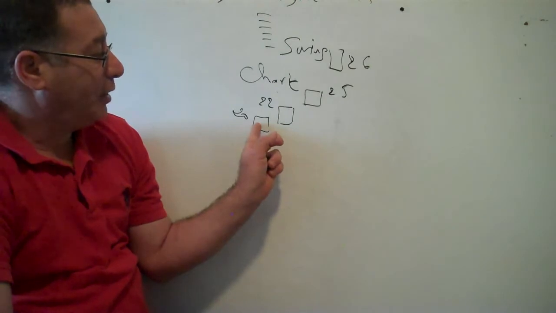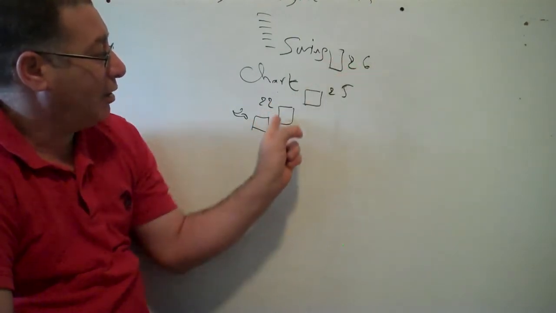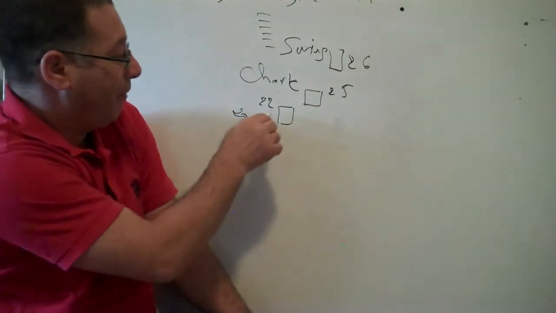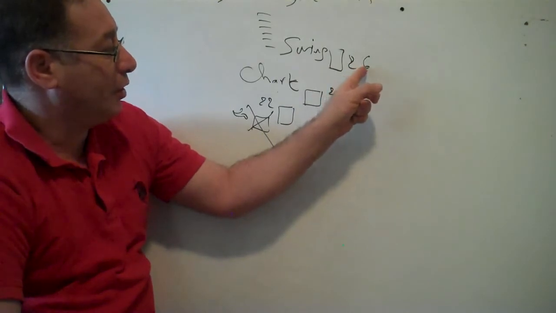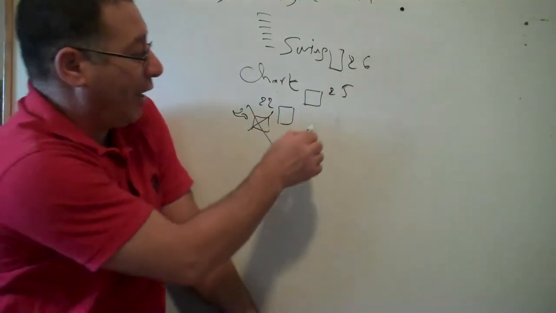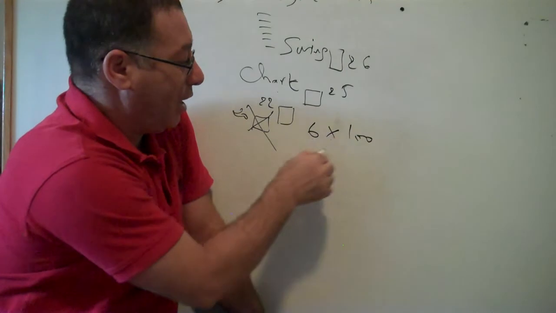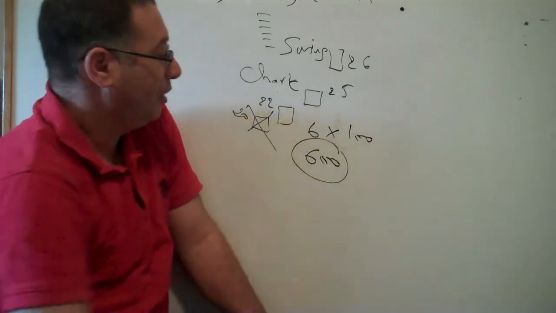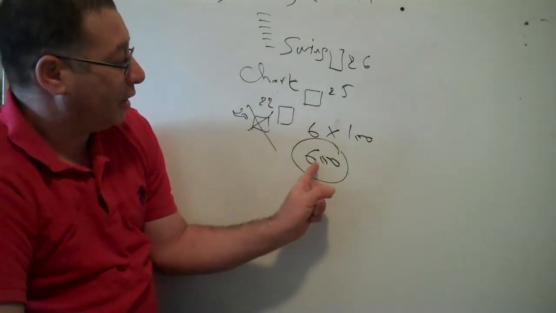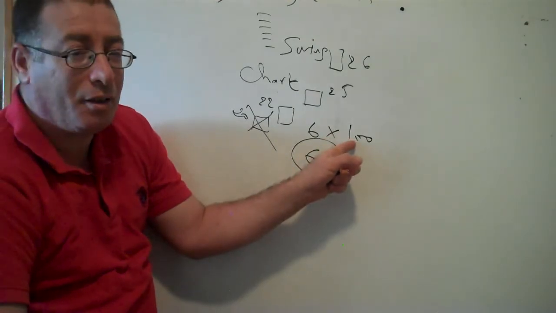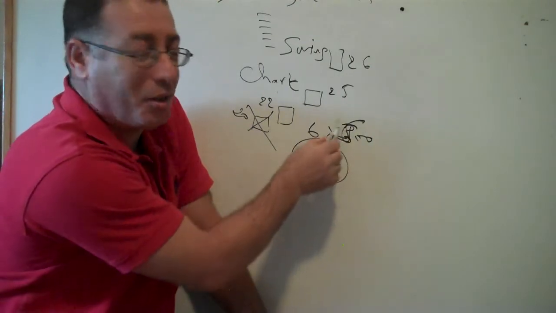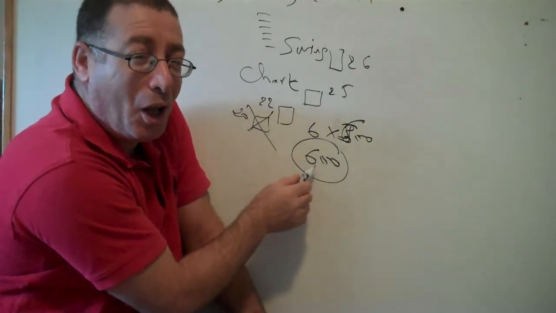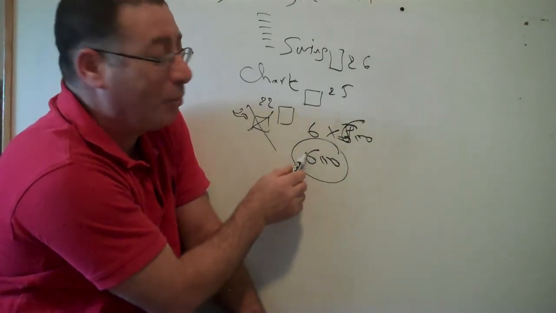So you buy it at 20, and after 1, 2, 3 days, you can have $6. If you buy 100 shares, it's $600. Now, if you buy 300, 500, 600 shares, you will make a lot of money like this.